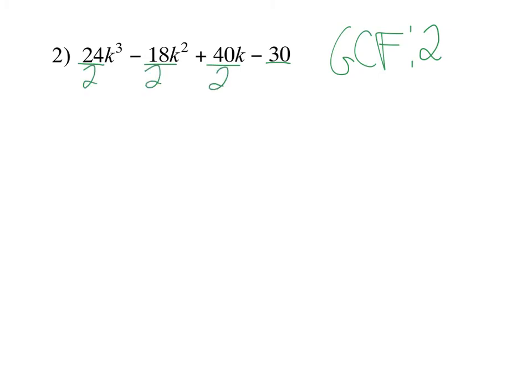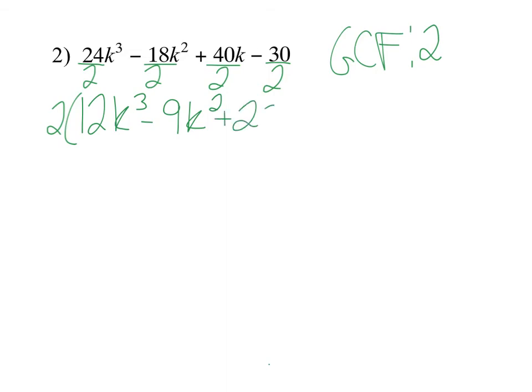And that tells me right away one of my factors is 2. We're going to see what we're left with. So we're just going to divide each of these by 2, which should leave us with 12k to the third minus 9k squared plus 20k minus 15.